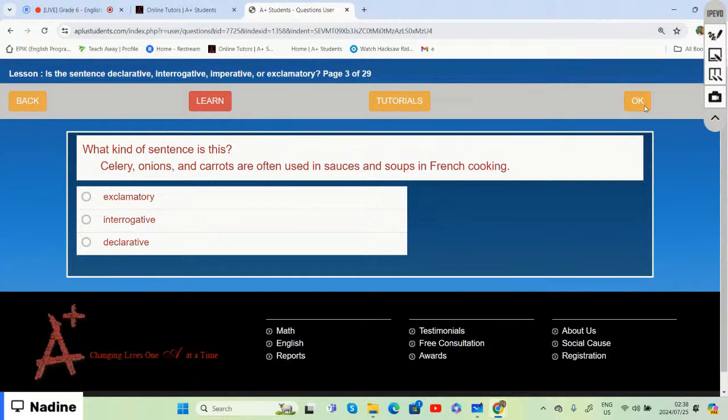All right, so you need to say what kind of sentence this is. Celery, onions, and carrots are often used in sauces and soup in French cooking. Is it an exclamatory sentence, interrogative sentence, or is it a declarative sentence?